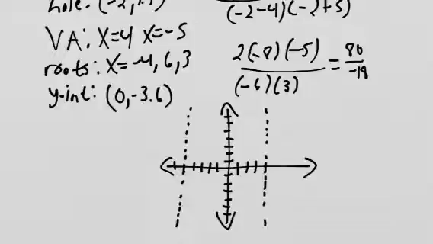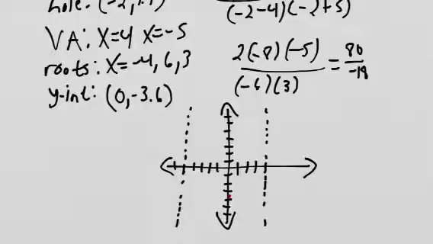So our y-intercept is at 0, -3.6, which is going to put us about right there. Maybe I'll do it in a different color. There it is, 0, -3.6.